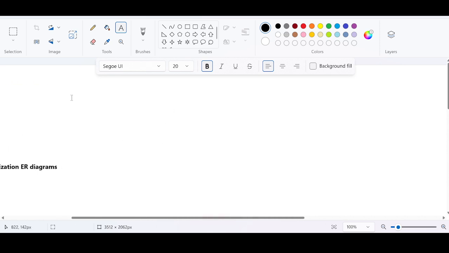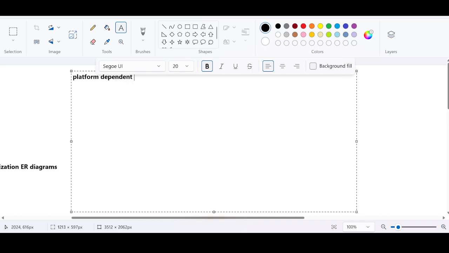so let me give you platform independent and platform dependent. This is also important. Platform dependent. Okay. What is platform dependent? Please be informed that it supports only one operating system.